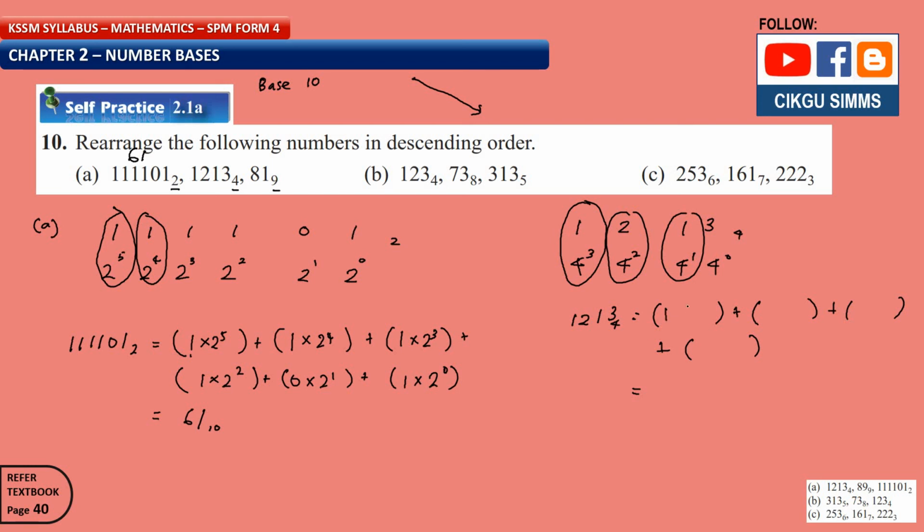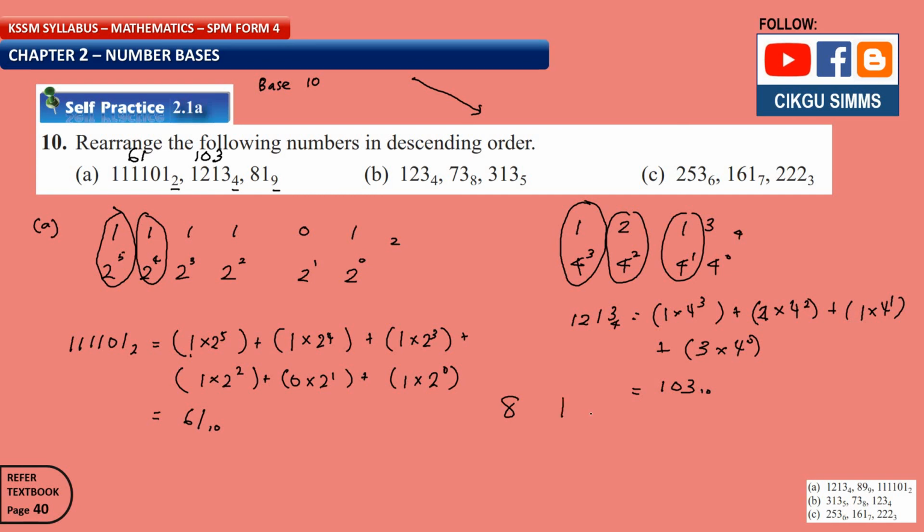Okay, so 1 times 4^3, 2 times 4^2, 1 times 4^1, 3 times 4^0. And then you calculate, you get 103. Okay, this value is base 10. 103.